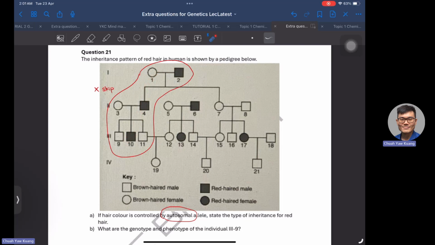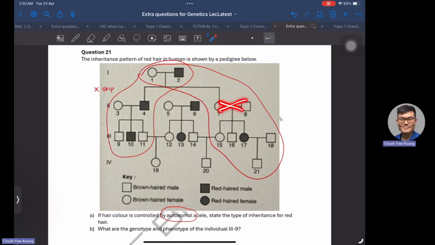But if you look at it another way, if you look at this family tree, then what happened? You will see that this one has red hair. Then after that, there's no red hair.